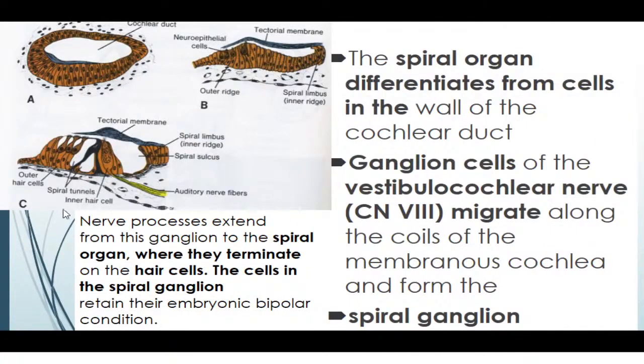Inside, the spiral organ differentiates from cells in the wall of the cochlear duct. Look at this one, we have seen this very well. Ganglion cells of the vestibulocochlear nerve, cranial nerve 8, migrate along the coils of the membranous cochlea and form the spiral ganglion. Auditory nerve.